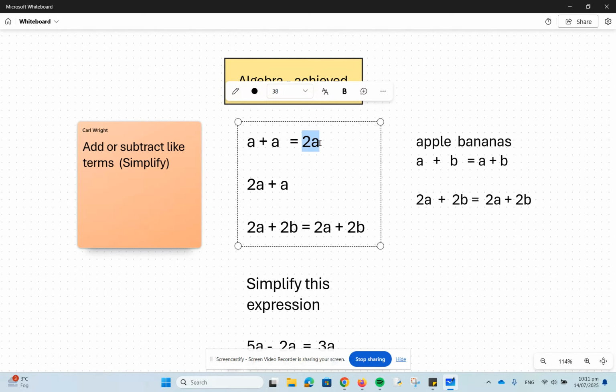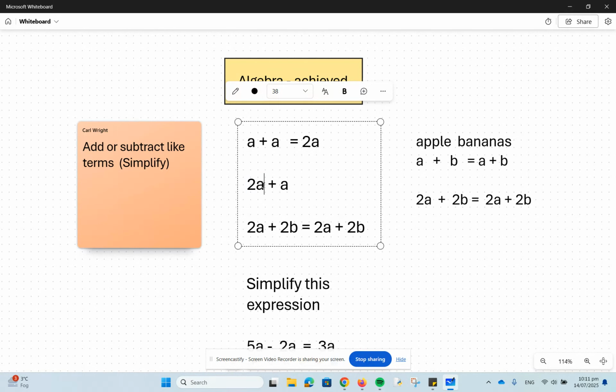So that is just the same as that, which means I could have written it like this, couldn't I? So it's the same thing. All I'm doing is simplifying that to make it more simple by saying there's 2 of them.